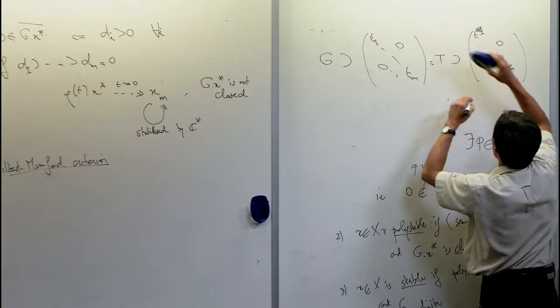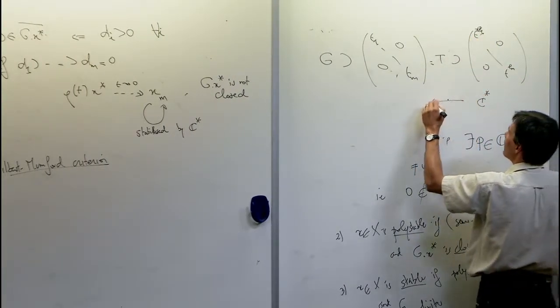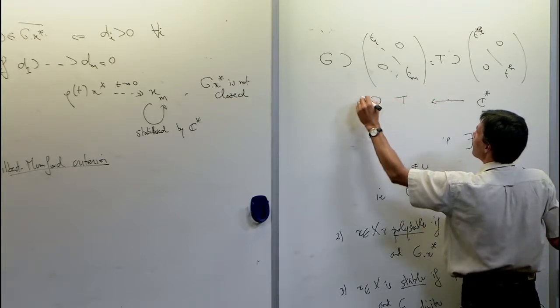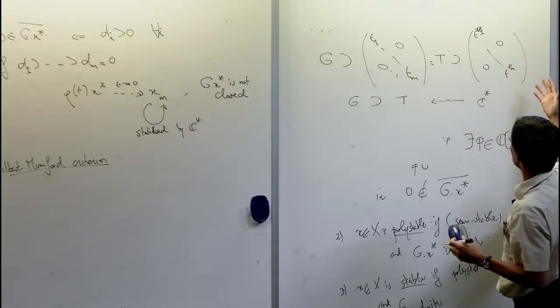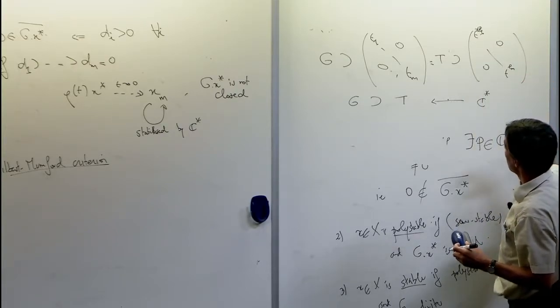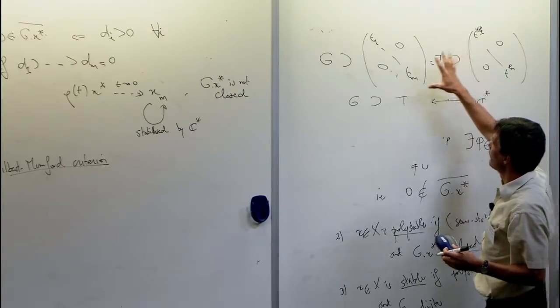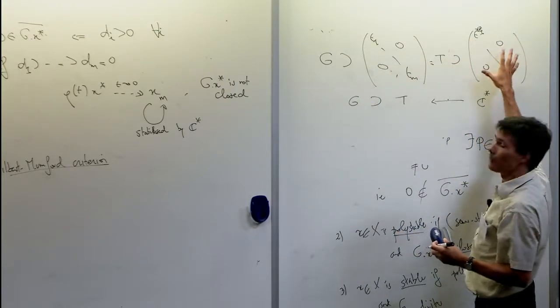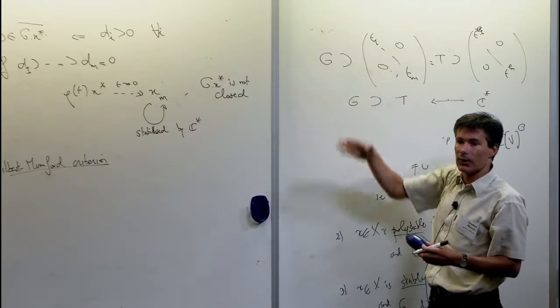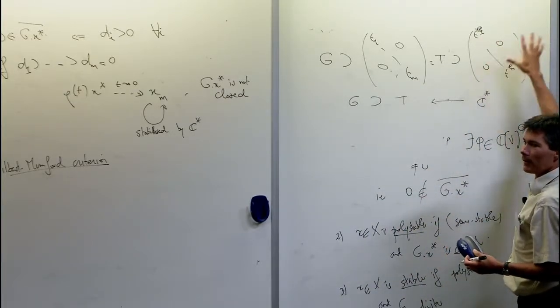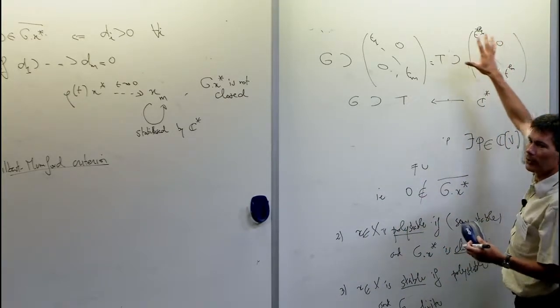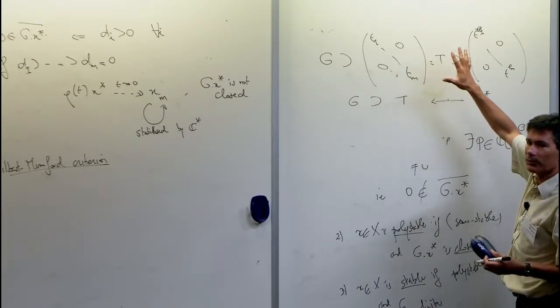There is a map from C star to your group, given by exactly this kind of action. These matrices are Zariski dense in G, so if you can understand what happens for all these one-parameter subgroups, then you will control what happens for the whole of G.